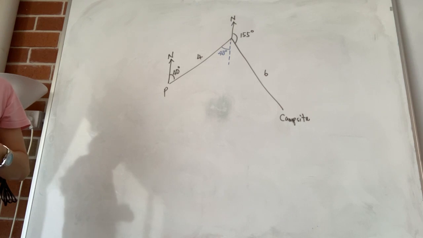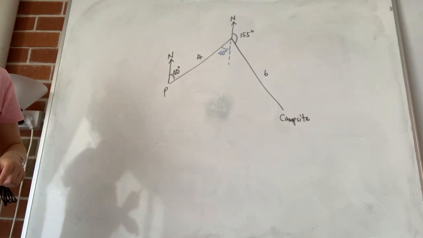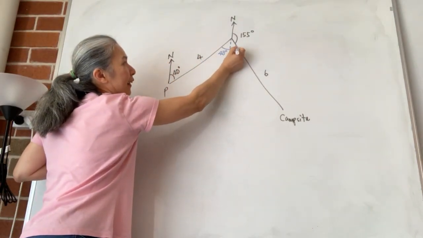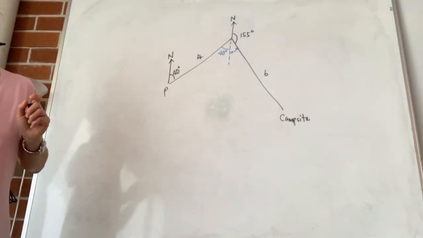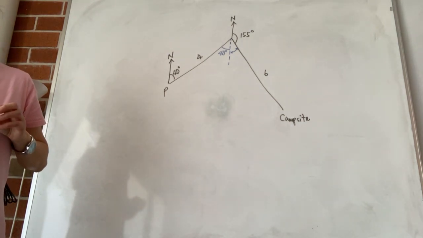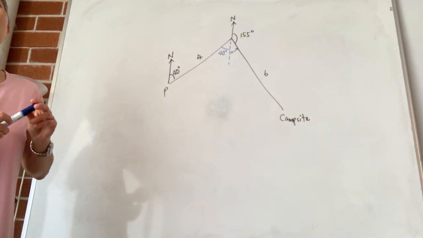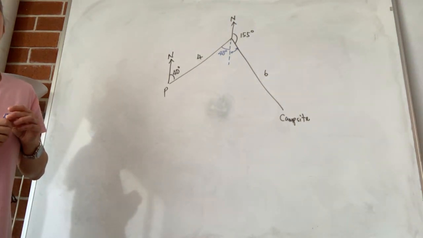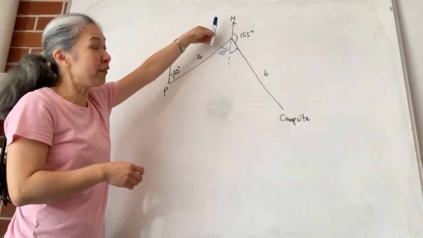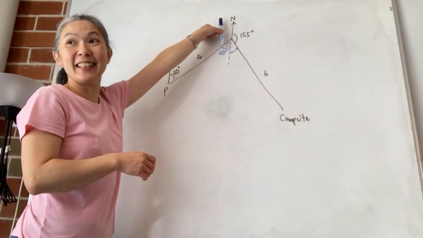Okay, and that means where's the other side? What should the other little angle be? This angle. Straight is 180.